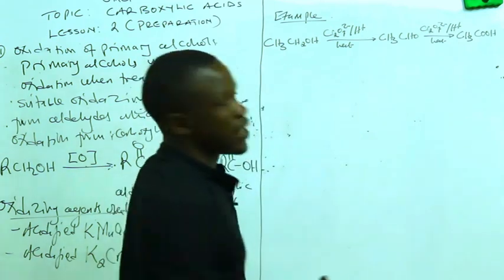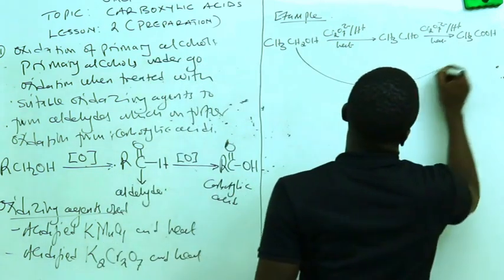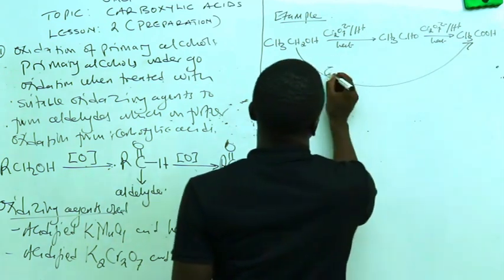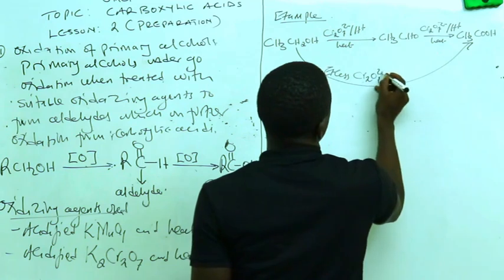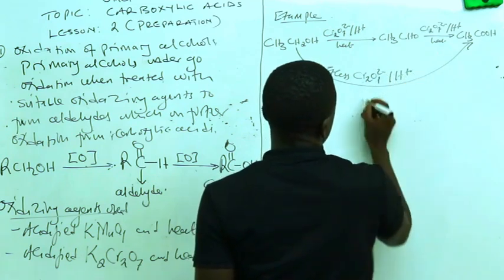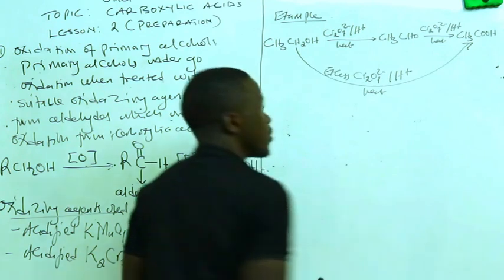This can be rewritten as simply use of the excess acidified potassium dichromate, and we heat.